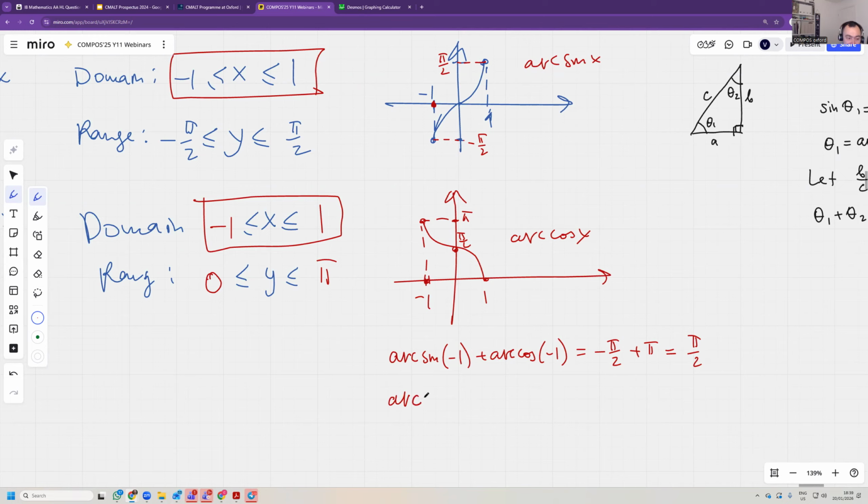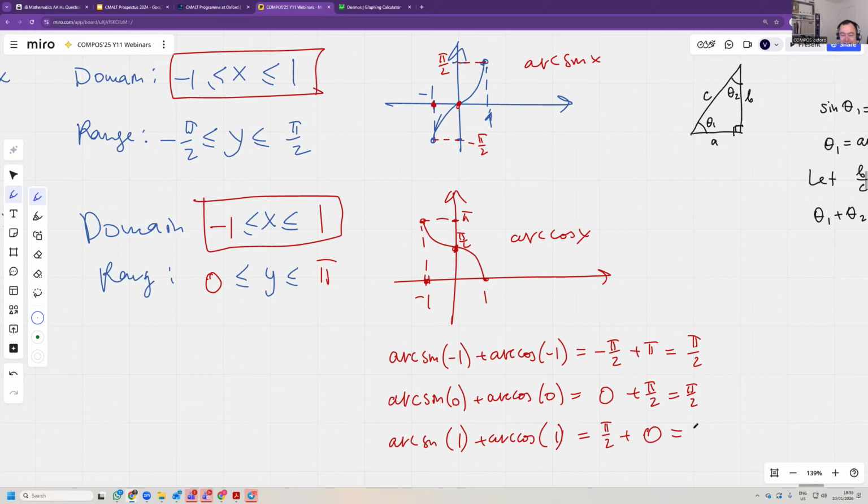Let's check 0. Arc sine 0 plus arc cos 0. Well, arc sine 0 is 0. And arc cos 0 is pi over 2. So 0 plus pi over 2, so pi over 2. Arc sine 1 plus arc cos 1. Now I'm just having fun. So that's pi over 2 plus 0, because arc cos 1 is 0, and that's pi over 2 as well. So whatever x is, the sum is pi over 2.